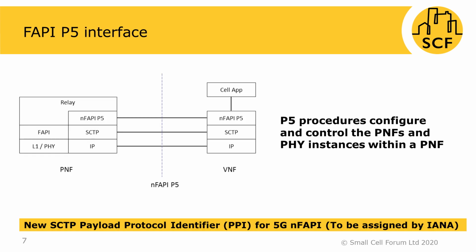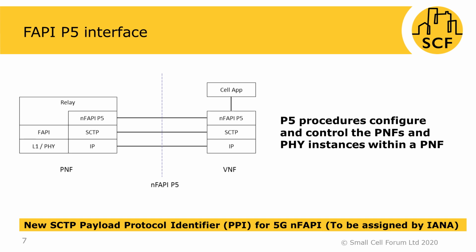The key interfaces of interest in the first release are P5 and P7, so we'll have a quick look at those interfaces. The P5 procedures are the procedures which configure and control the PNFs or the SRUs and the PHY instances within a PNF.